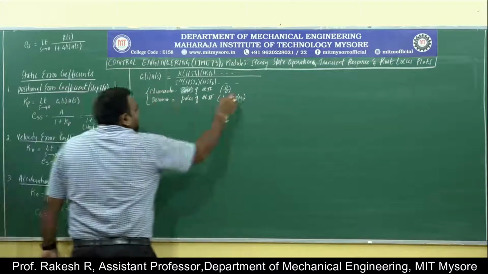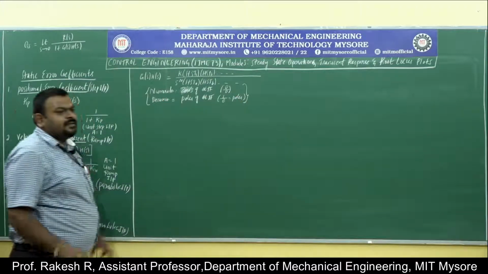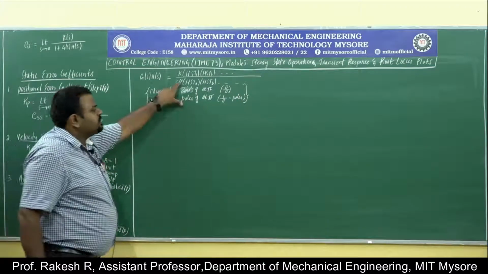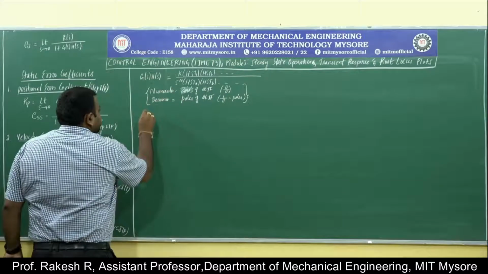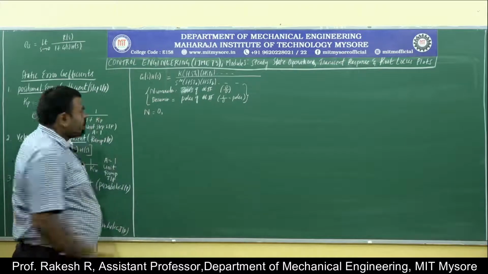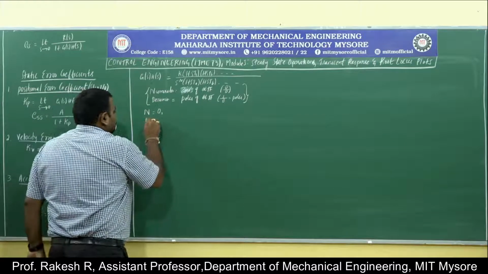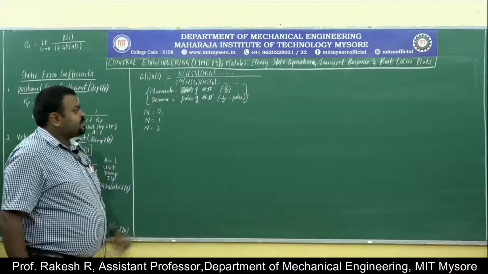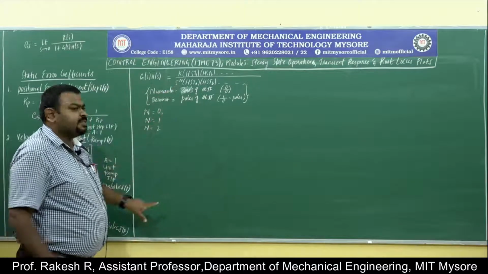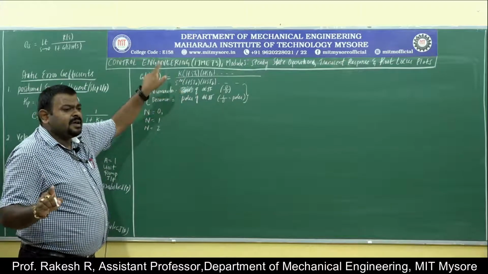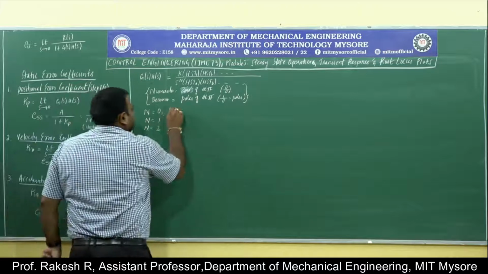These two are the important concepts here, and beyond this we will be concerned with what n is: n equal to 0, n equal to 1, and n equal to 2. n equal to 0 indicates s to the power of 0 is 1, which means there is no pole at origin.